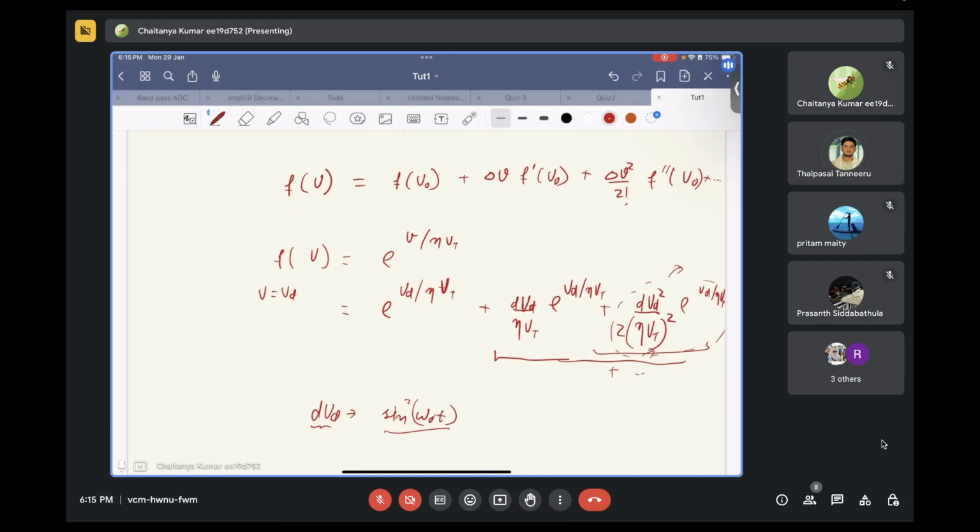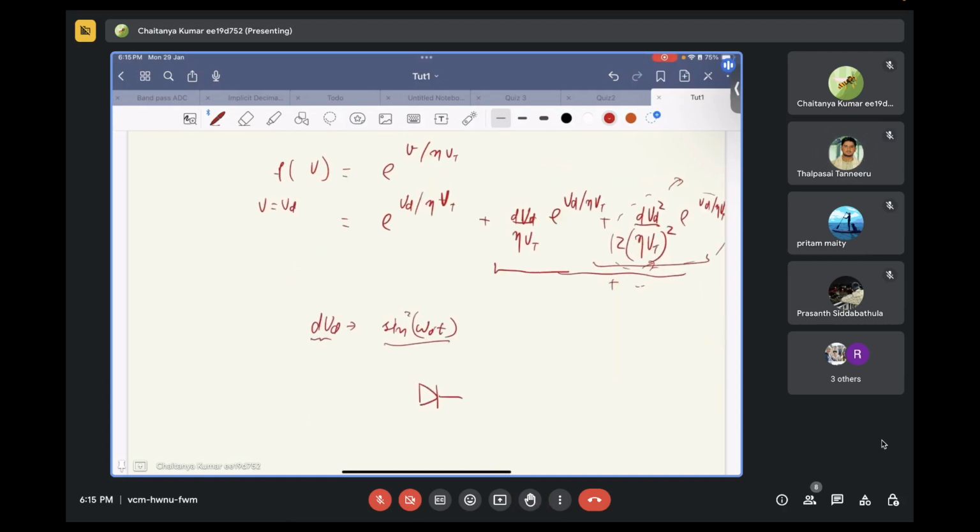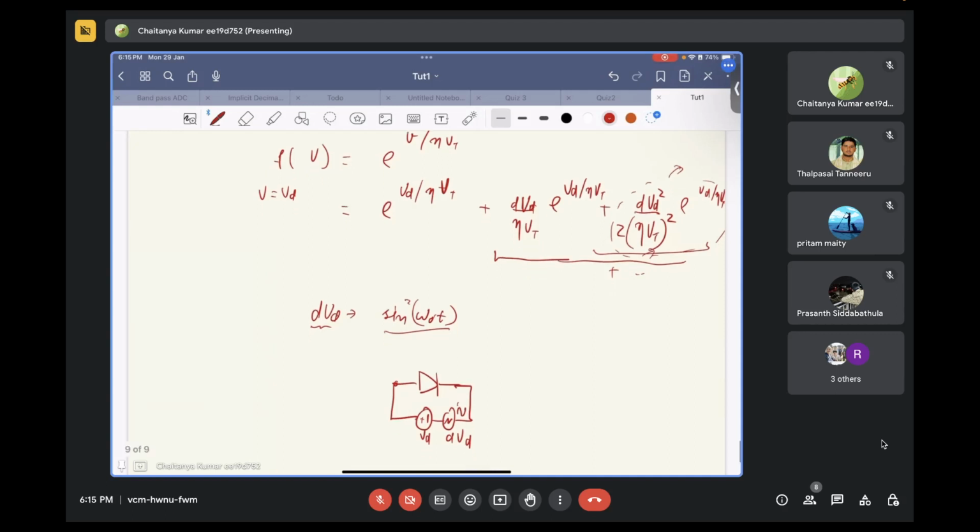So if you apply a fixed voltage of Vd plus some sine wave signal dVd across a diode, and the amplitude is large enough that dVd by eta Vt is not much less than 1, then in the current you will have the omega naught tone plus further tones at 2 omega naught, 3 omega naught, 4 omega naught, and so on.